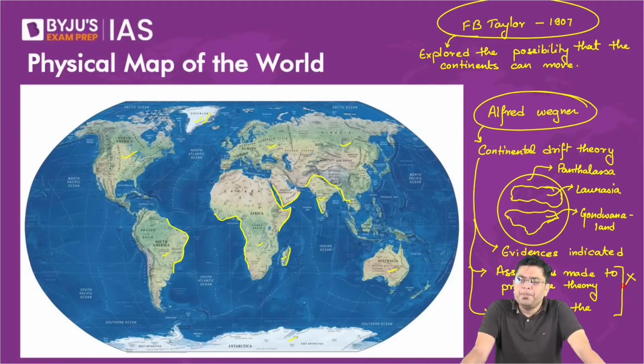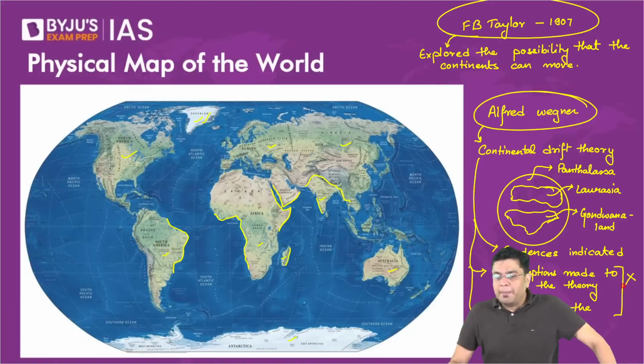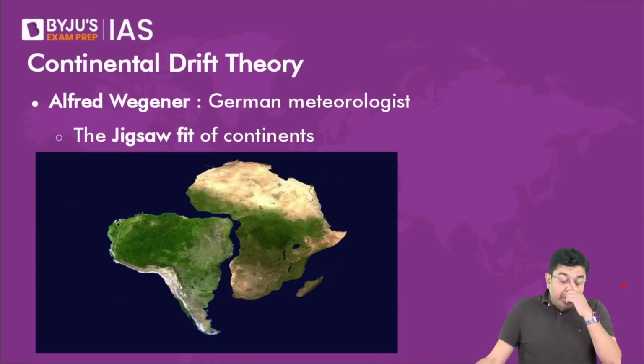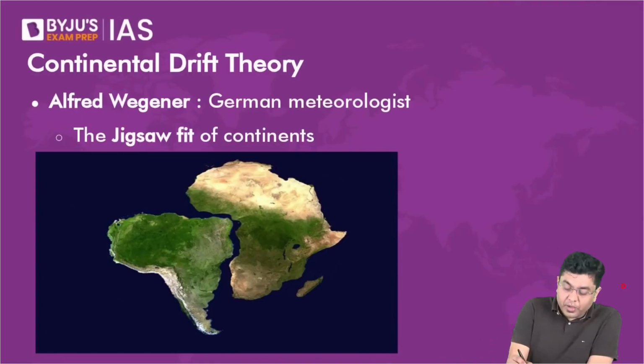But first, let us think about the evidences which Wagner saw, which convinced him that the continents that we live across are not a stable mass. They themselves are prone to change, and are moving from one place to another. So, first of all, we shall be taking a look at the evidences provided.